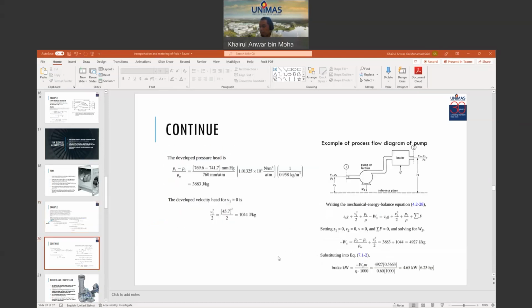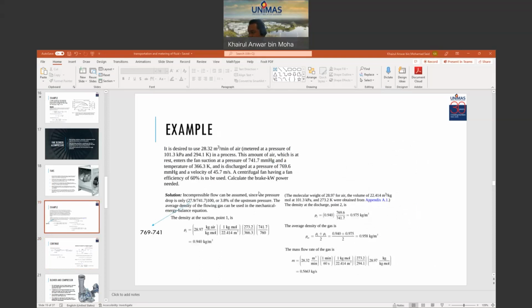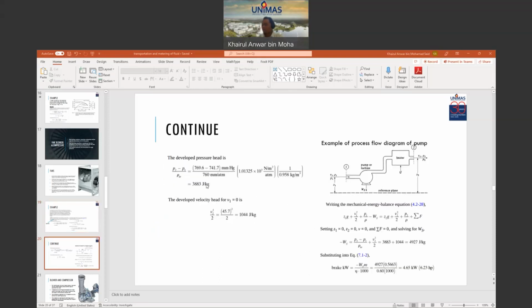Once you obtain that, then you can calculate the developed pressure head, which is pressure at point 2 minus pressure at point 1 over rho average.